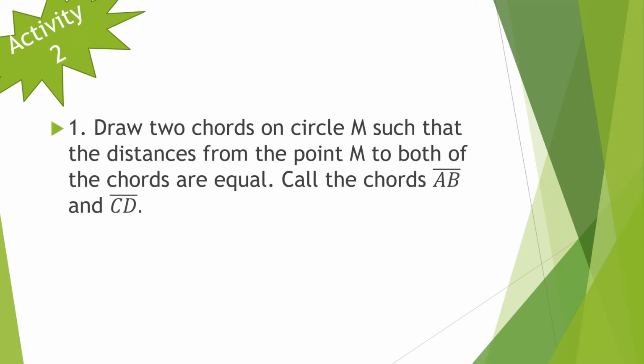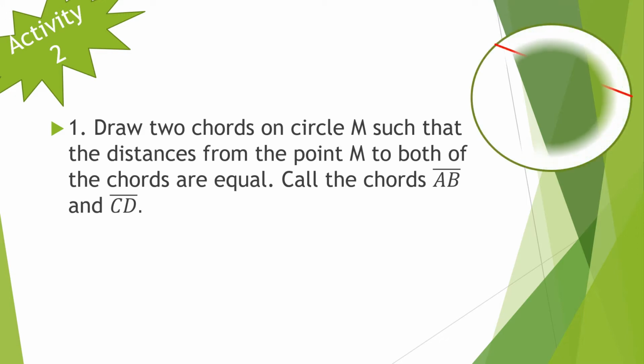Let's have activity 2 and let's determine the second theorem. Supposedly, we are going to draw two chords in circle M such that the distances from the point M to both of the chords are equal. Call the chords line segment AB and line segment CD.